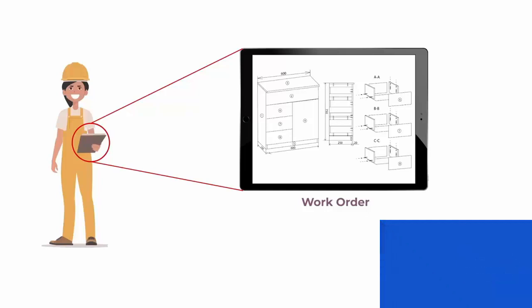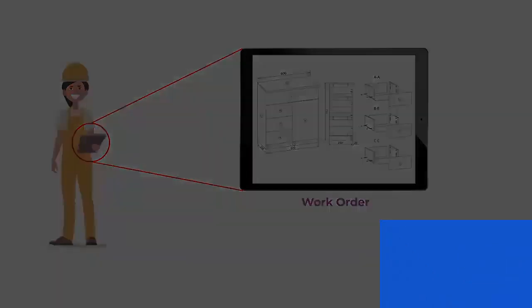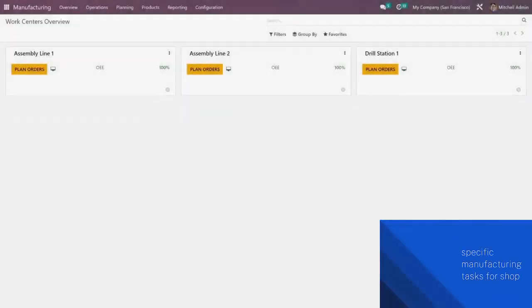We'll also explore work orders, or WOs, which are authorizations that describe specific manufacturing tasks for shop floor workers as part of the overall MO. Alright, I'm getting excited again as usual, so let's get to it.